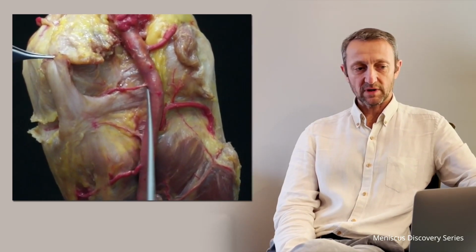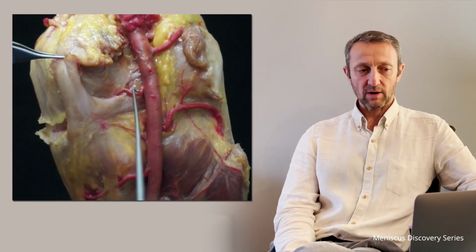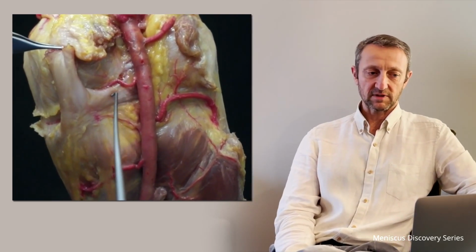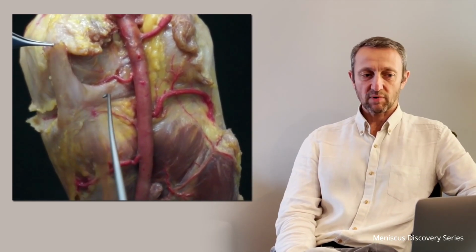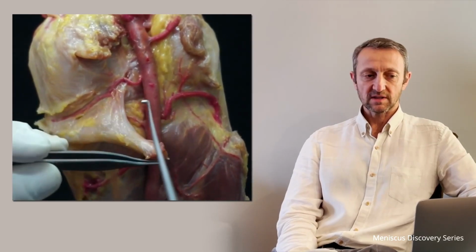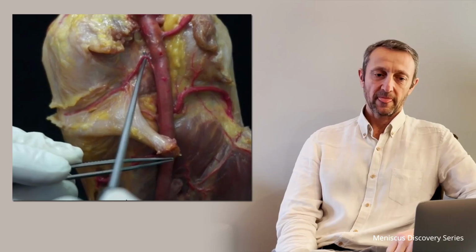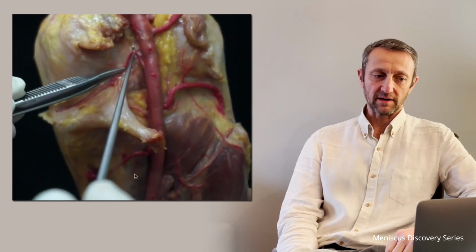We just open it. I will take the tendon of the semimembranosus, small branch, and the artery is surrounding more or less at the level of the joint line. Can you see that?